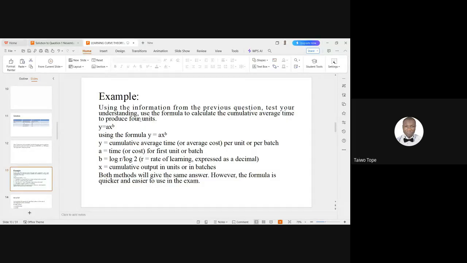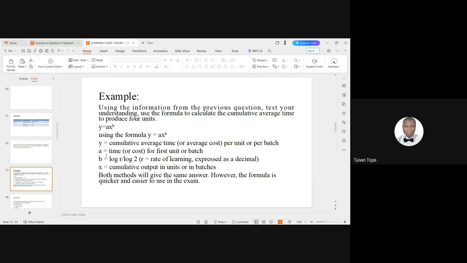That is the fourth unit now. You know, we show this formula. Y is equal to aX to the power of b. So we said Y is what? Cumulative average time, or average cost per unit or per batch.